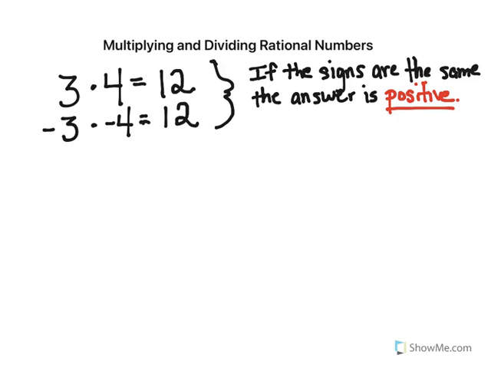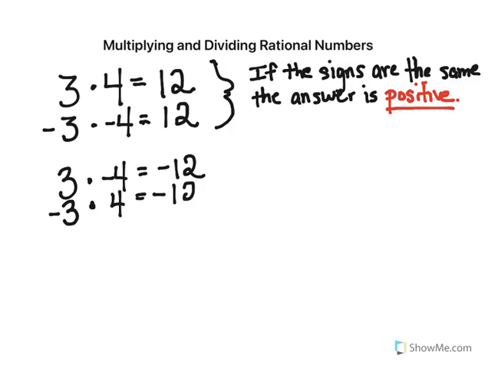Now let's look at these two. If we have a positive 3 times a negative 4, we are going to get a negative product, negative 12. What if our first number is negative? If we have a negative 3 times a positive 4, we also get a negative product. So if the signs are different, because we have a positive 3 and a negative 4, or a negative 3 and a positive 4, then we get a negative product.